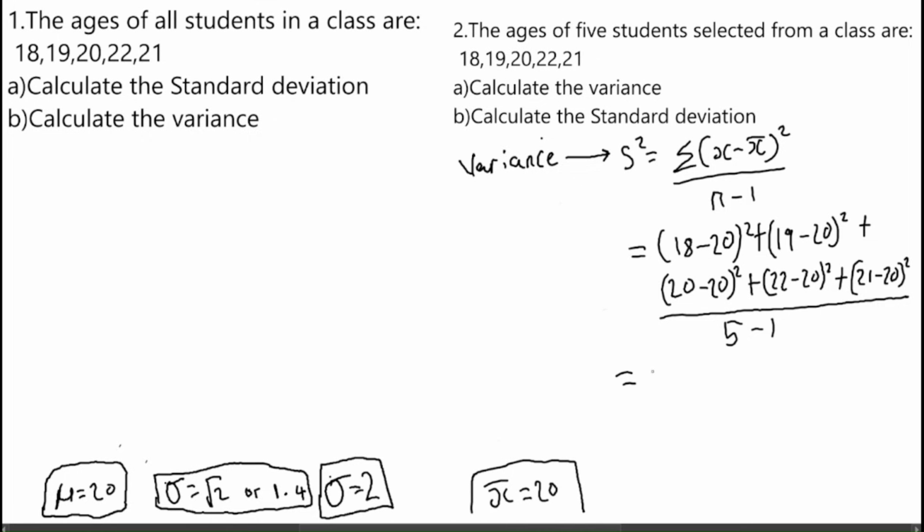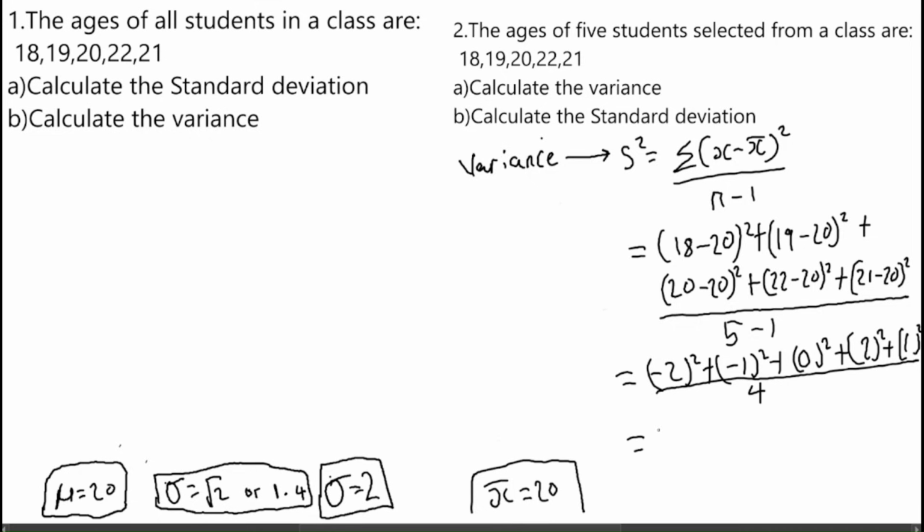Now 18 minus 20 is negative 2 square, plus 19 minus 20 is negative 1 square, plus 20 minus 20 is 0 square, plus 22 minus 20 is 2 square, plus 21 minus 20 is 1 square, divided by 5 minus 1, which is 4.